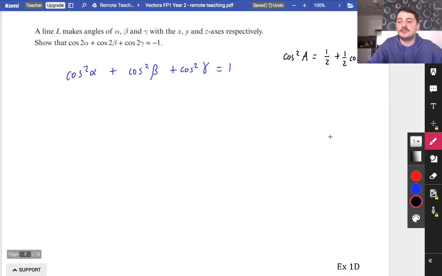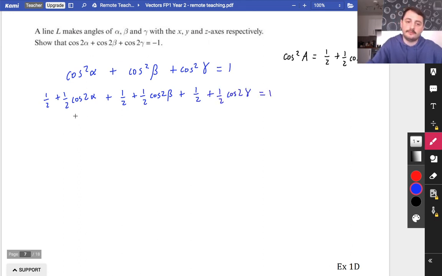So I'm just going to substitute these things in. Cos squared alpha is going to be the same as a half plus a half cos 2 alpha. Cos squared beta is a half plus a half cos 2 beta, and cos squared gamma is a half plus a half cos 2 gamma, and that is equal to 1. Now you can either multiply everything by 2, or we can collect some like terms.